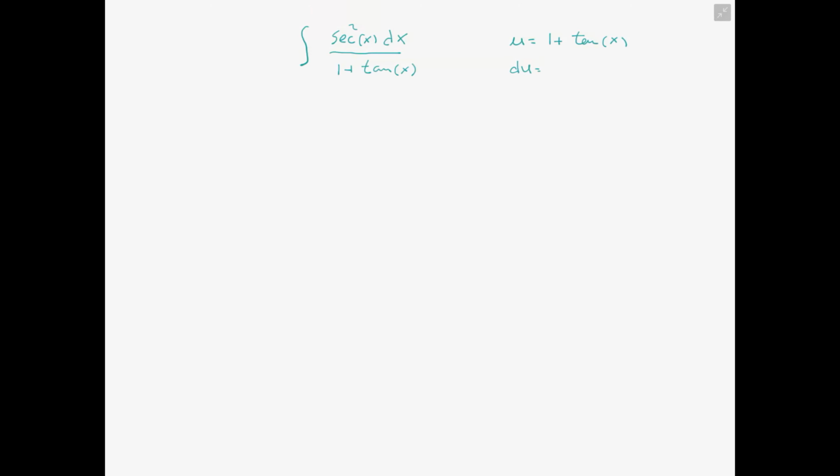We know that d/dx of 1 plus tangent x is equal to 0 plus d/dx of tangent x, and that happens to be secant squared x.